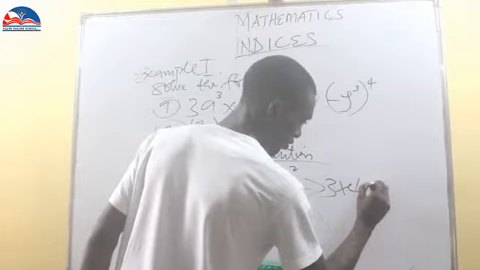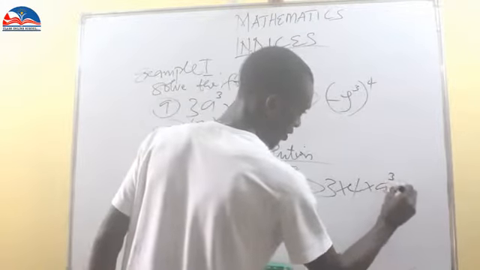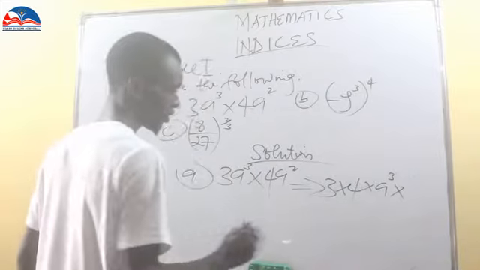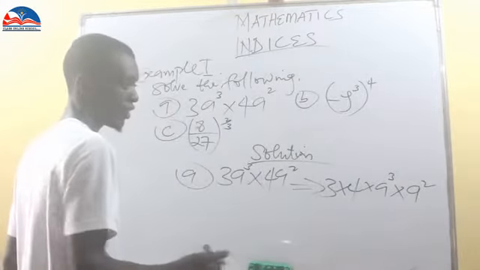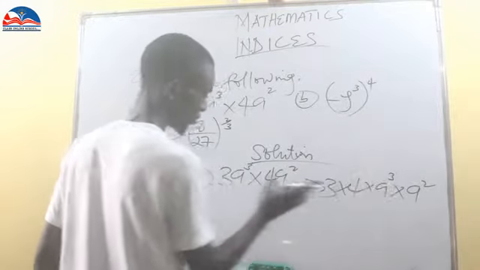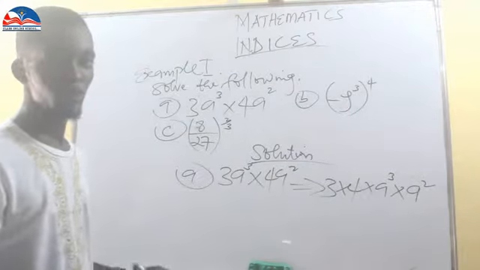So here we have 3 times 4, and then a index 3 times a index 2. I'm just trying to make a simplification.